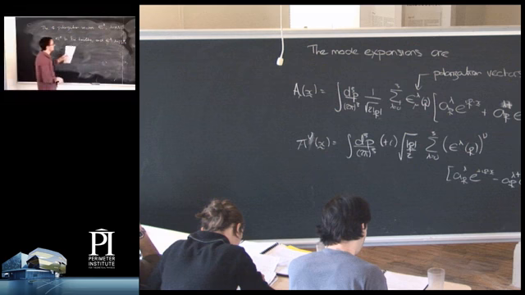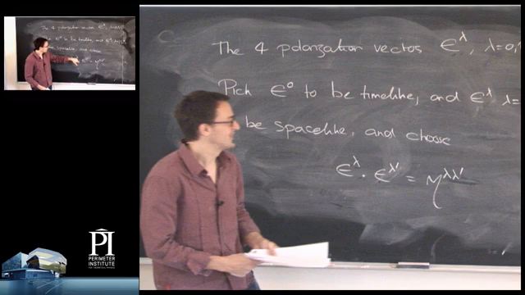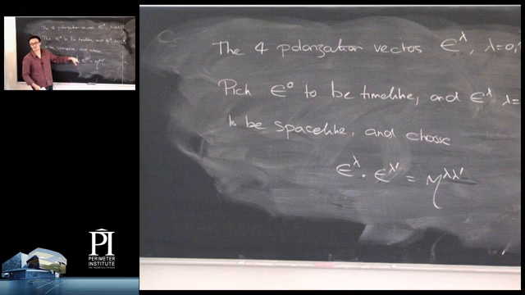Okay. The other three are to be space-like. And so we'll pick these to be some orthonormal basis, where orthonormal means: there are four vectors, labeled by lambda equals 0, 1, 2, 3.